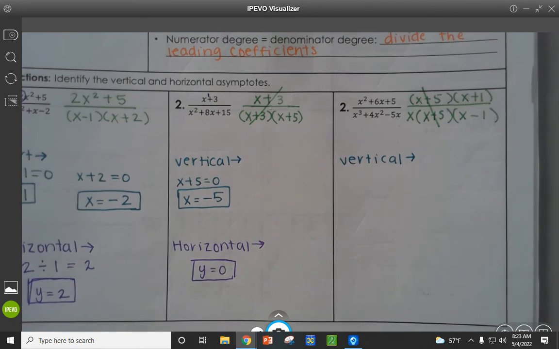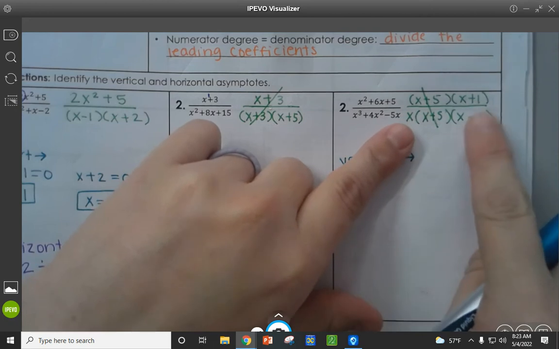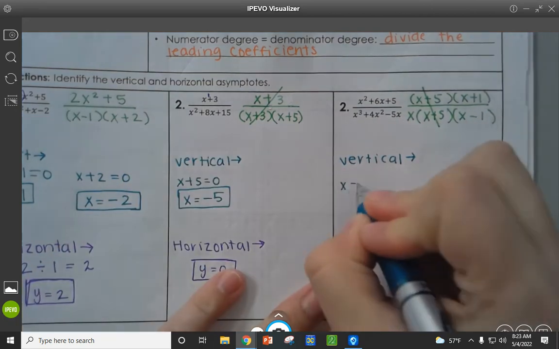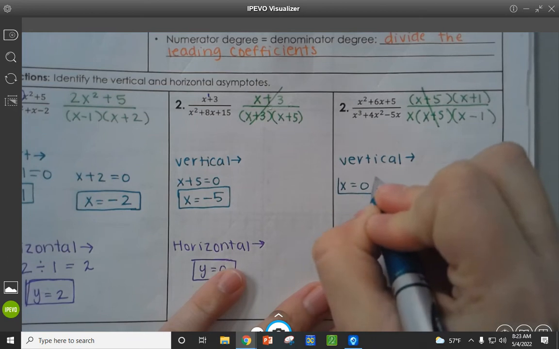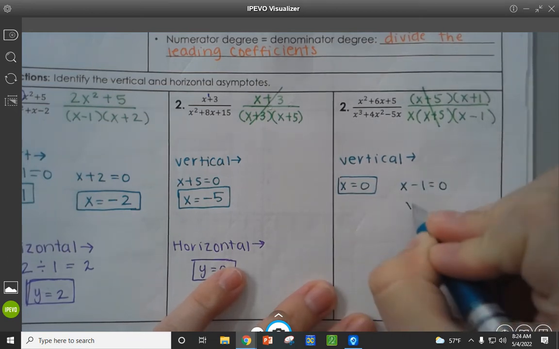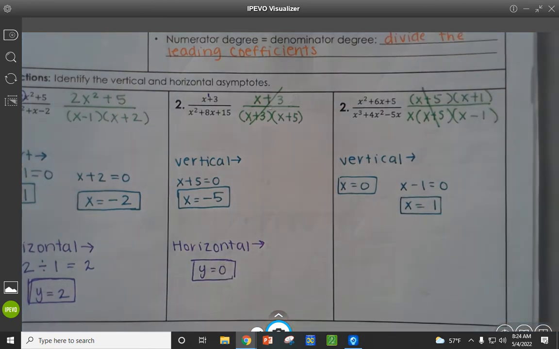So for your vertical asymptotes, we have to set the x equal to 0 and the x minus 1 equal to 0. And so we get vertical asymptotes at 0 and 1.